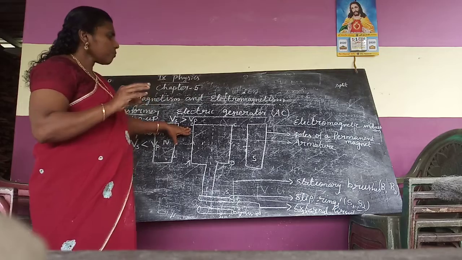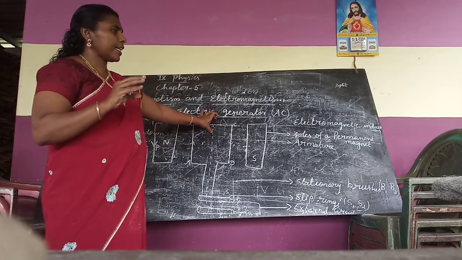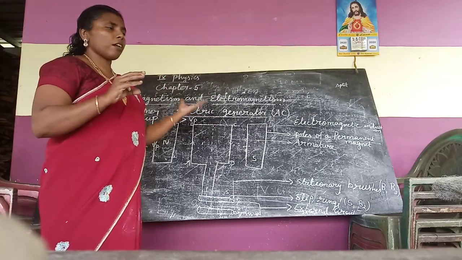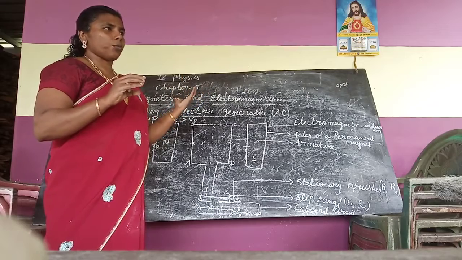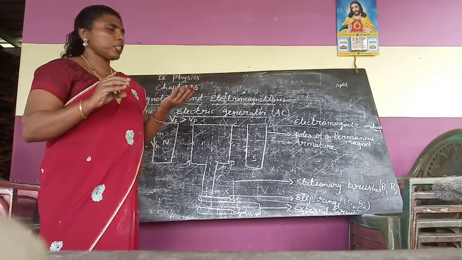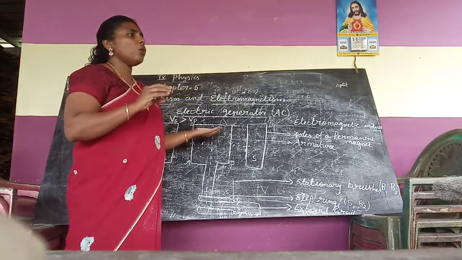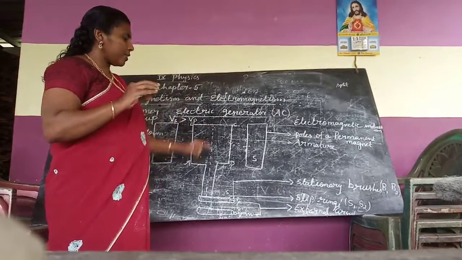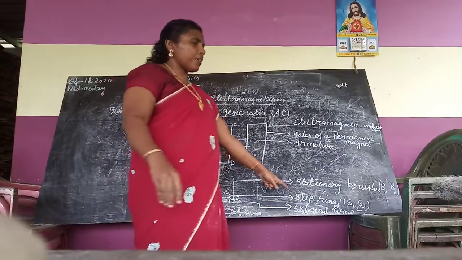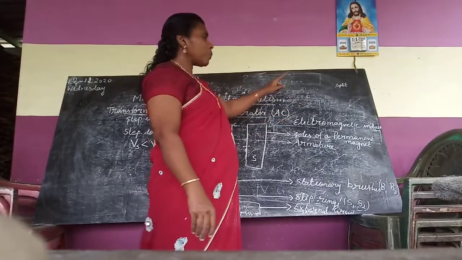Now listen. You have learned the electric generator and also the electric motor; last class we learned the electric motor. If you study the motor, this is very easy for you. There is only one difference. Here we use slip rings, there the commutator, that is split rings.